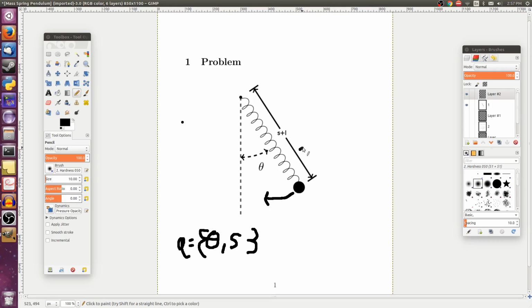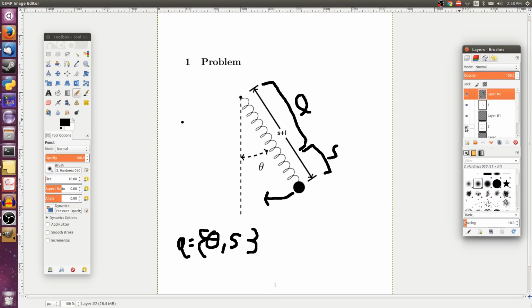So suppose the equilibrium length of the spring was L, then our coordinate s is going to keep track of how far away it is from this L. So it can go back and forth, and it can also swing in the theta direction.